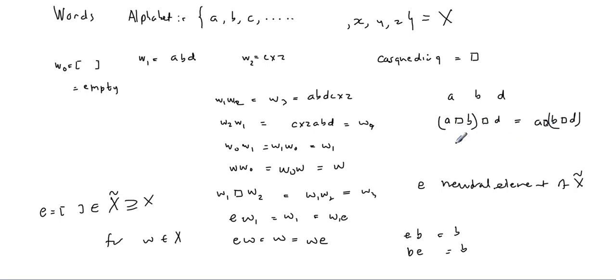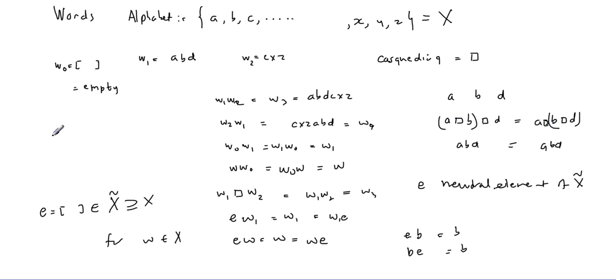Because what is this going to give us? This is going to give us AB. What is this going to give us? This is going to give us ABD. And then this side, this is going to give us BD, and when we operate this one, it's going to be ABD. So that's that. What does it say? He's saying there's associativity. Okay.